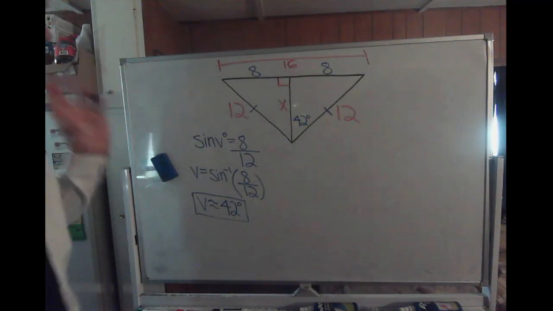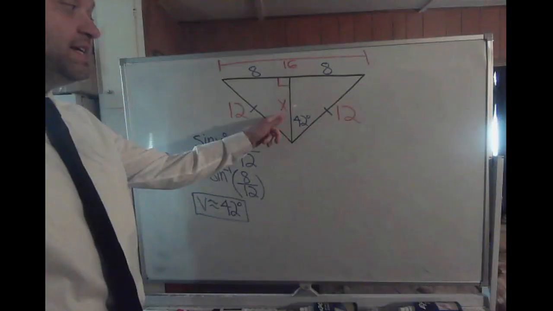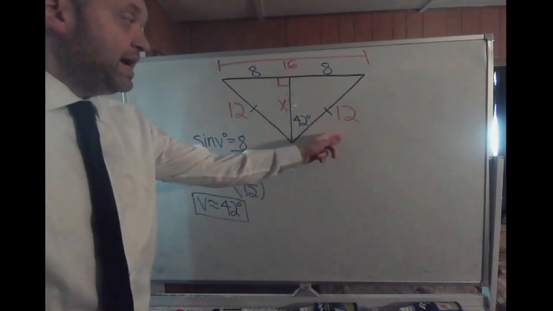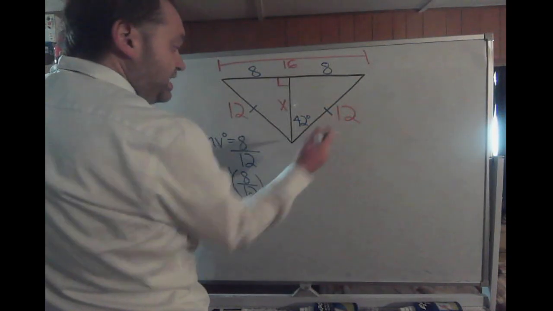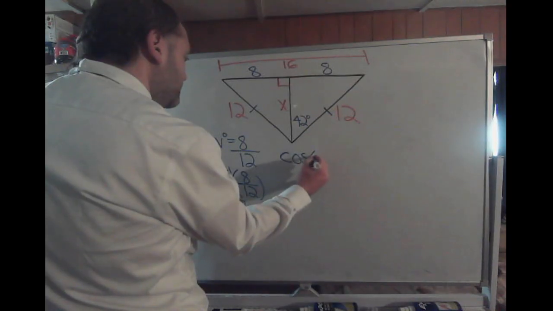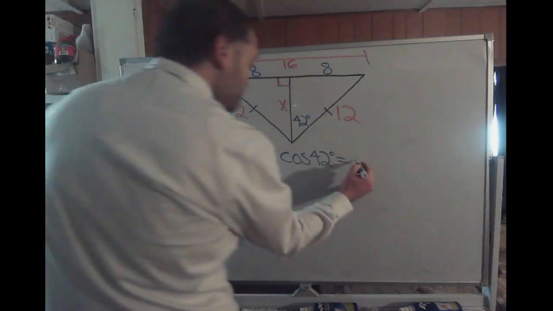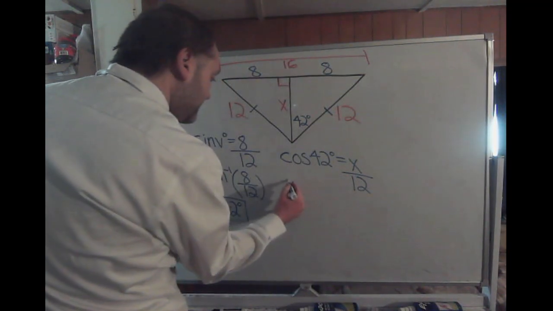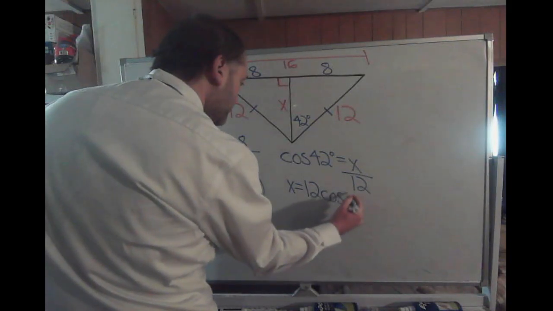Now let's go ahead and solve for x here. We notice that the length of x, that leg, is adjacent to the 42 degree angle, and then we have the hypotenuse with a length of 12. Adjacent and hypotenuse would be cosine. So we'll take the cosine of 42 degrees, we'll set that equal to x over 12, which means that x is equal to 12 times the cosine of 42 degrees.